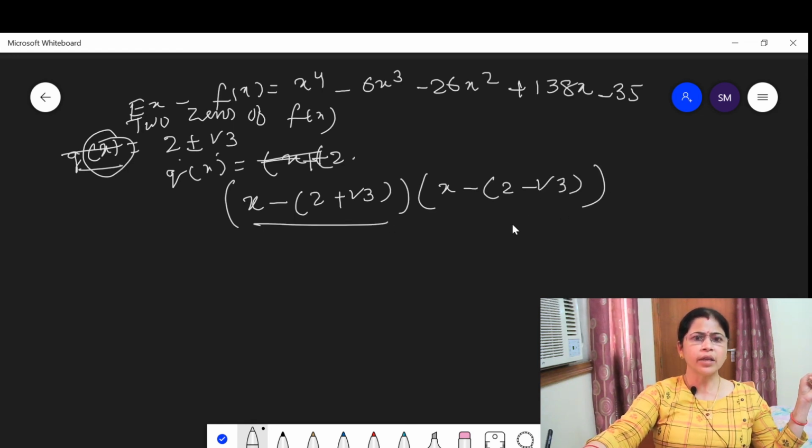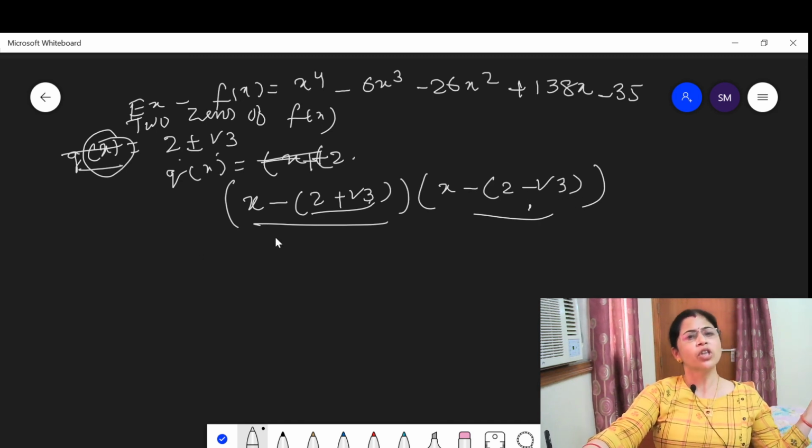These are the zeros of the polynomial, means q(x) is equal to x minus 2 plus root 3, x minus 2 minus root 3.